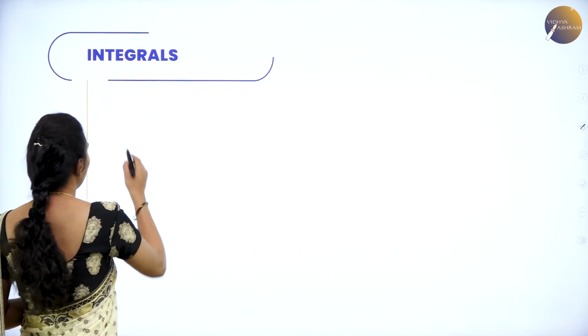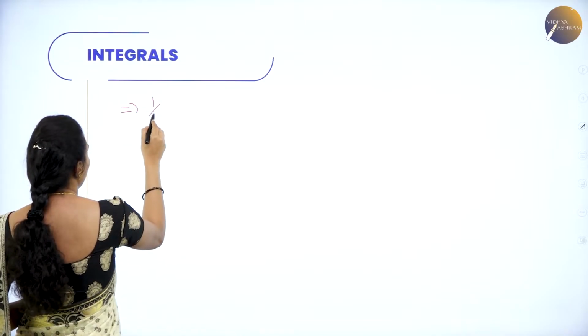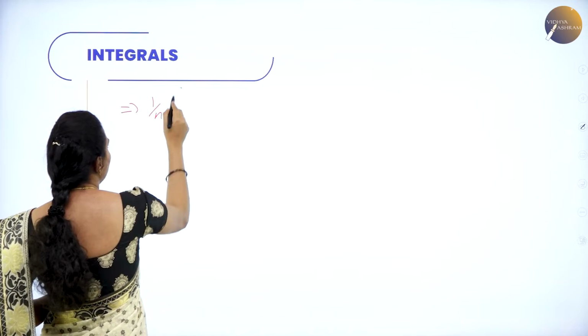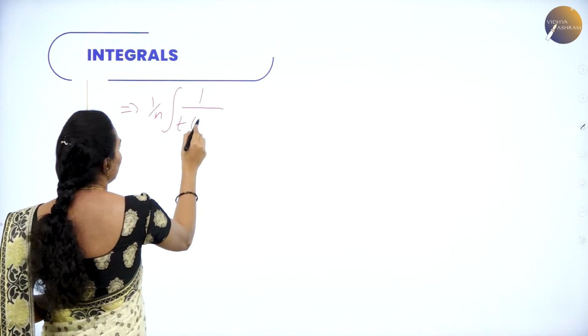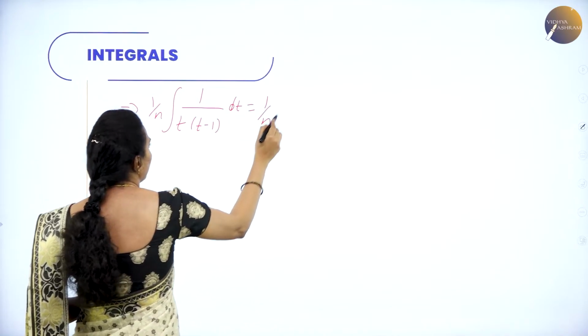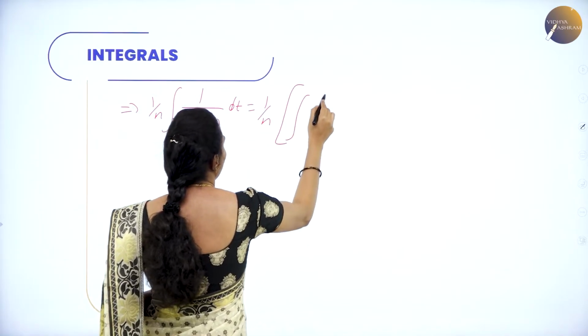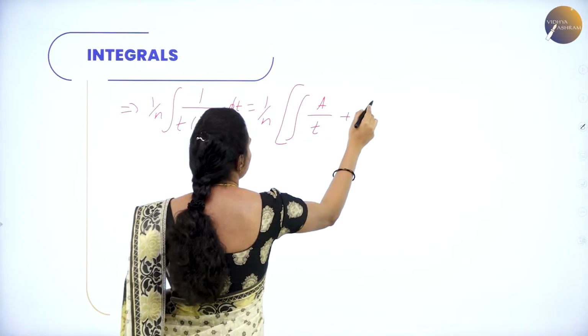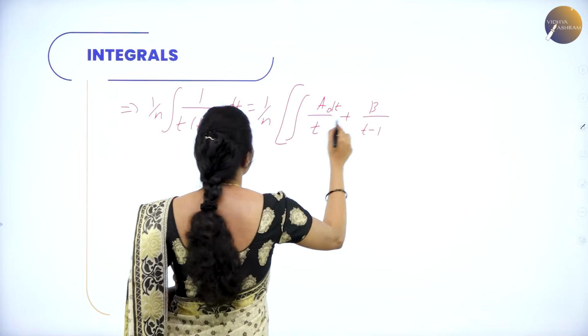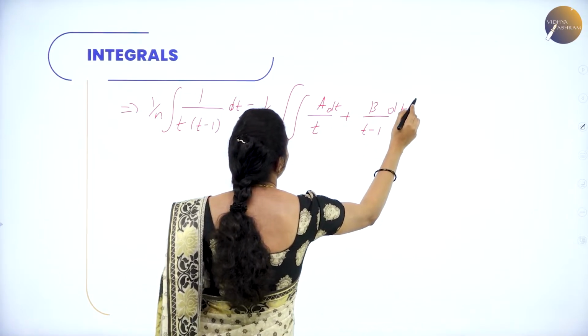So what happens? Be careful, 1 by n is outside, so therefore here 1 by n will be multiplied. Integral of 1 over t into t minus 1 into dt is equal to 1 by n into integral of a divided by t into dt plus b divided by t minus 1 into dt.